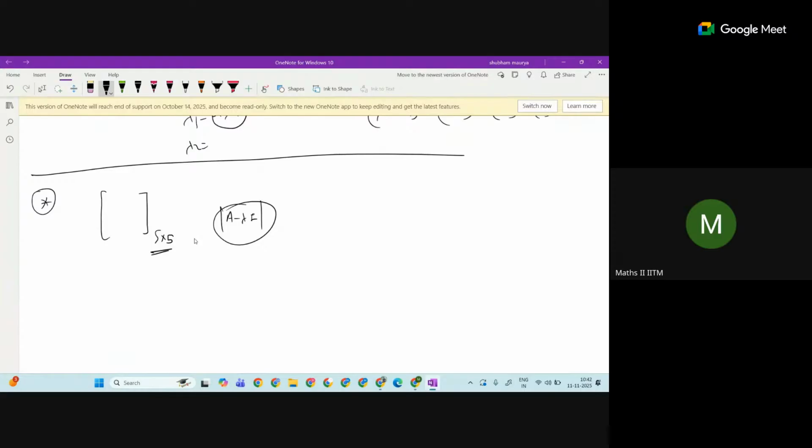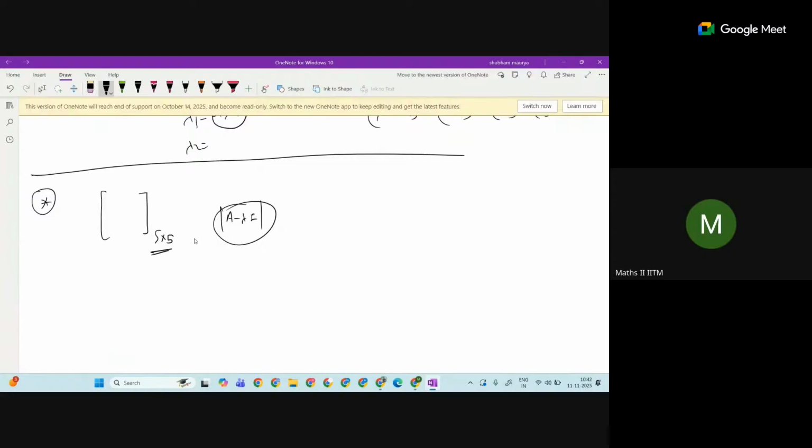Can anyone tell? Sir, if it is a full rank matrix, then 0 cannot be an eigenvalue. Yeah. And if it is lesser than n, then obviously 0 is going to be one eigenvalue.